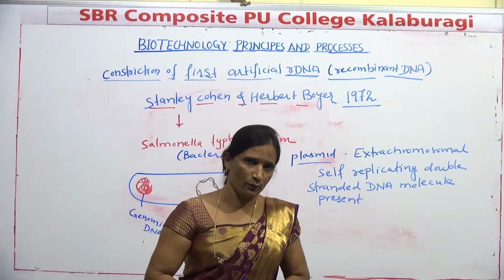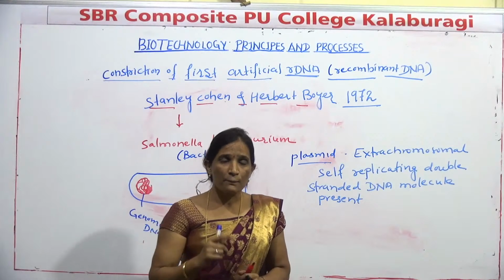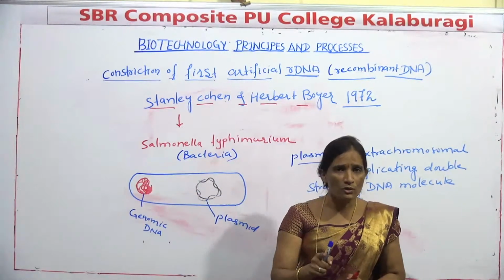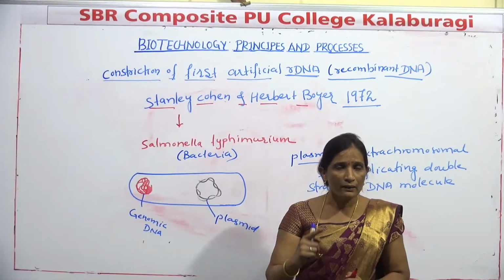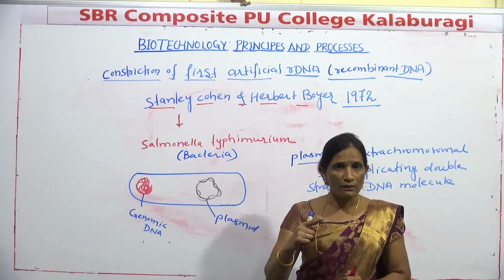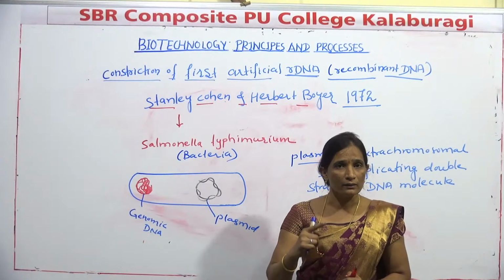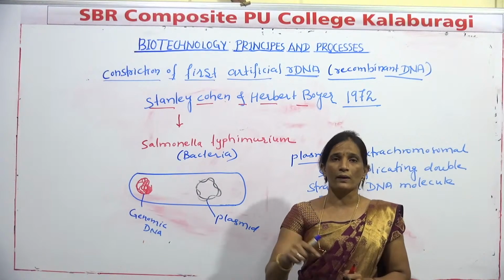Yesterday I already told you what a plasmid is. A plasmid is an extra-chromosomal, self-replicating, double-stranded circular DNA molecule found in the cytoplasm of the prokaryotic cell.